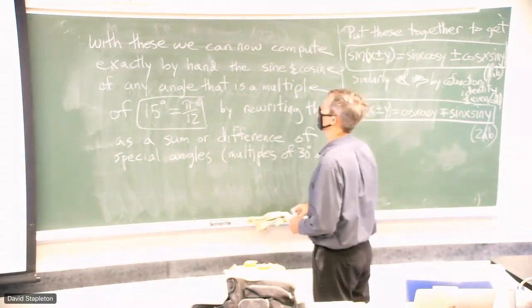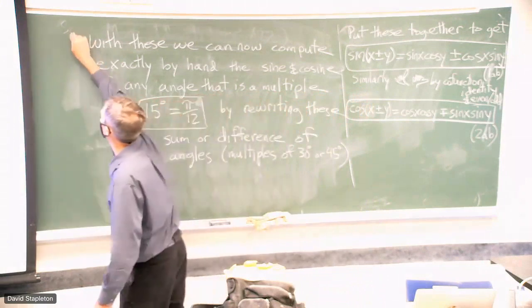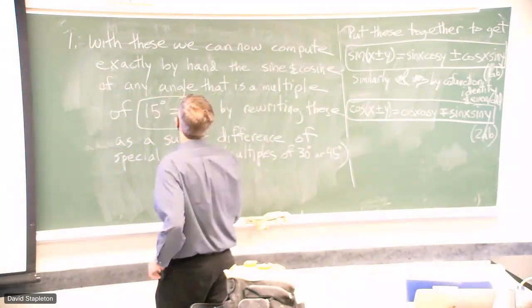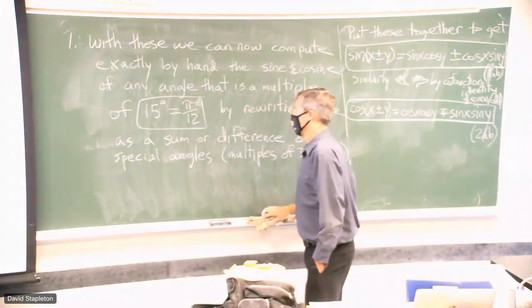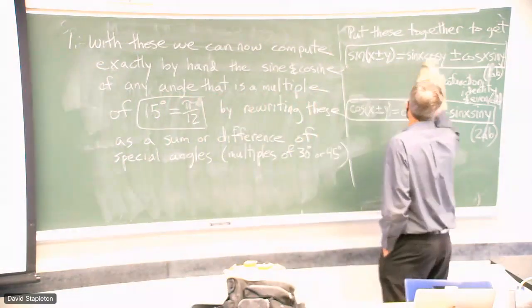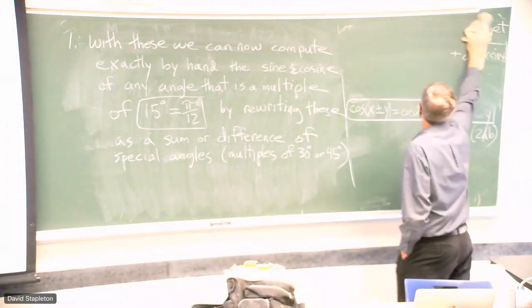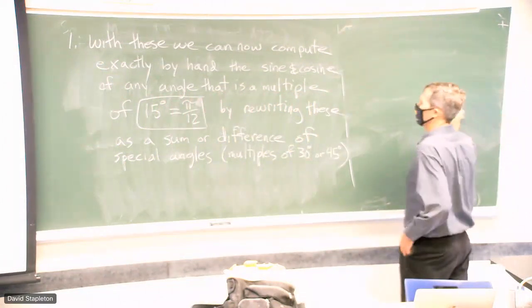That's the first point. I should put 1 here. So we can do a whole bunch of new angles, all those that are multiples of 15 degrees. Oh, I shouldn't have erased that probably. I'll rewrite it.